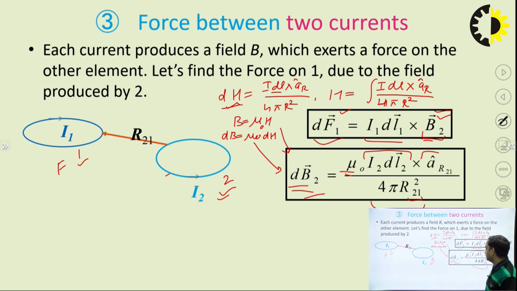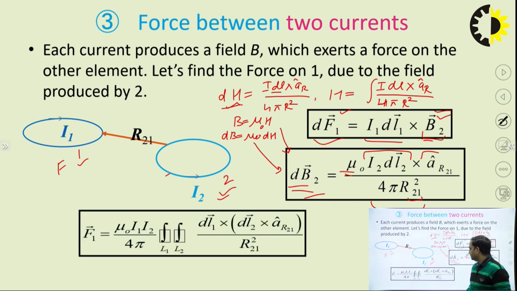When we put this value into it, we will get dB2. If we want F1, we have to integrate this equation. When we integrate it, F1 will be equal to mu naught I1 I2 upon 4 pi, closed path, dL1 cross dL2 cross aR21 cap upon R21 square.